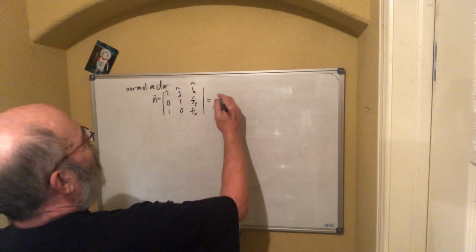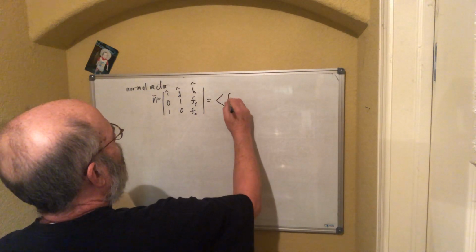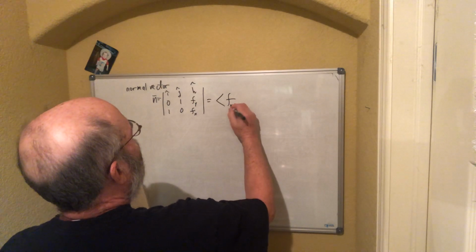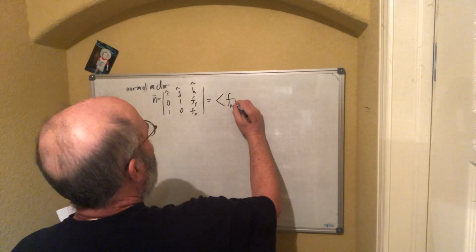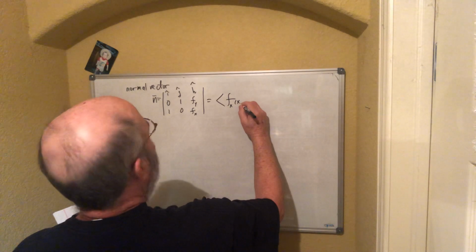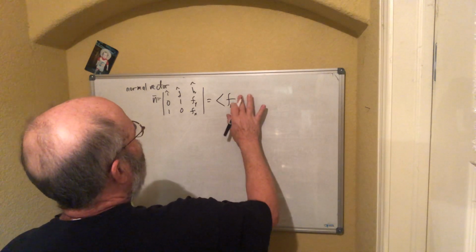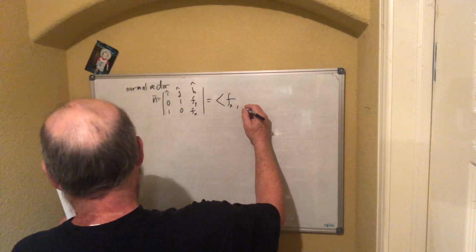And when you do the computation in the usual way, you get these results. And remember, these are all evaluated at x naught, y naught. Tell you what, I'm just going to leave those off for simplicity.